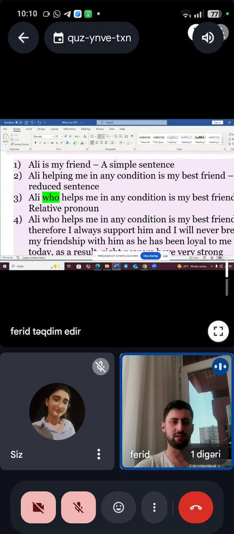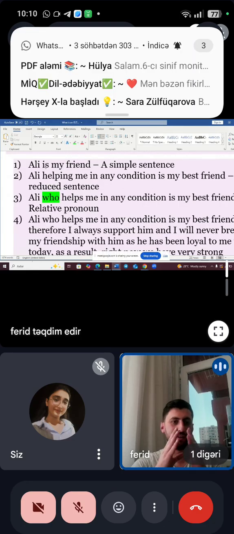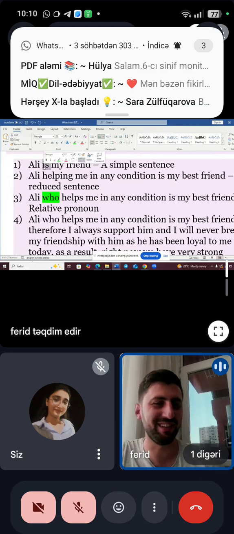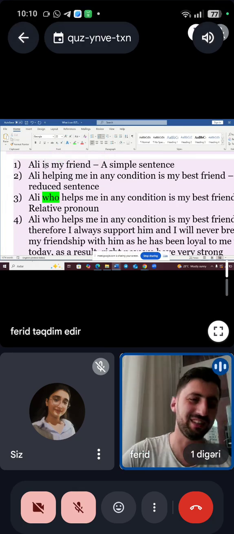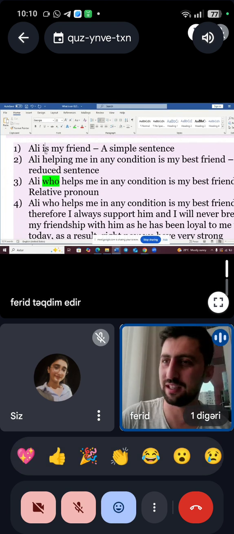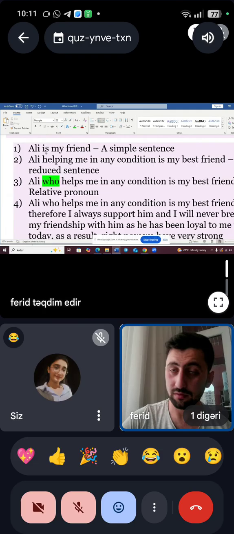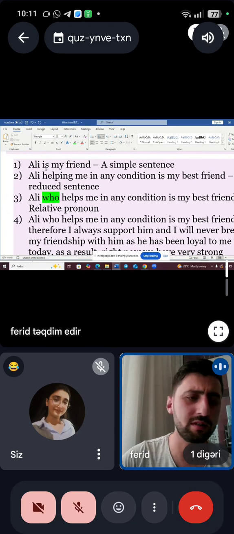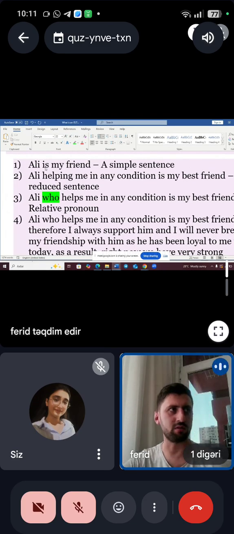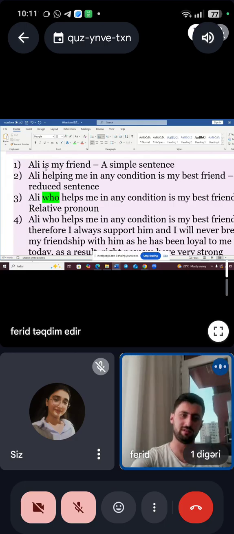It's a simple sentence. The examiner will not say, oh my god, present simple tense. Present tense doesn't give a chance to a student to get more points.